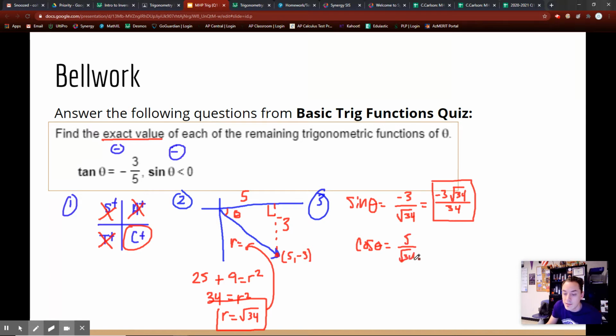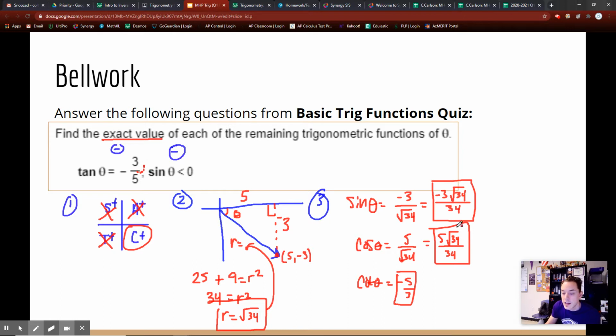So 5, because that's my adjacent, all over my radius, which is the hypotenuse, radical 34. So this simplifies down to 5 radical 34 all over 34. And then the other ones we can just switch. Cotangent is probably the easiest one, just negative 5 all over 3, from what we're given right here.